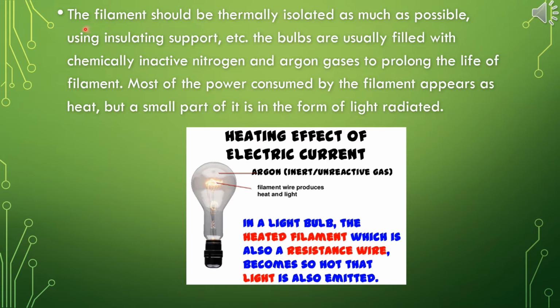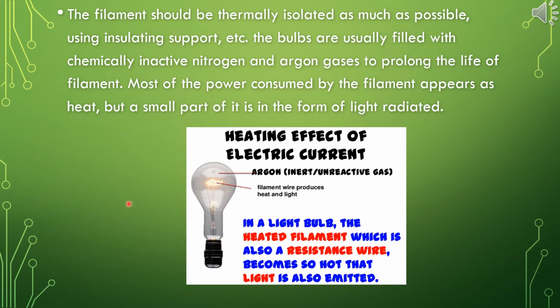Dear students, the filament we use is thoroughly isolated as much as possible using insulating support, etc. The bulbs are usually filled with chemically inactive nitrogen and argon gases to prolong the life of the filament. Most of the power consumed by the filament appears as heat, but a small part of it is in the form of light radiated.